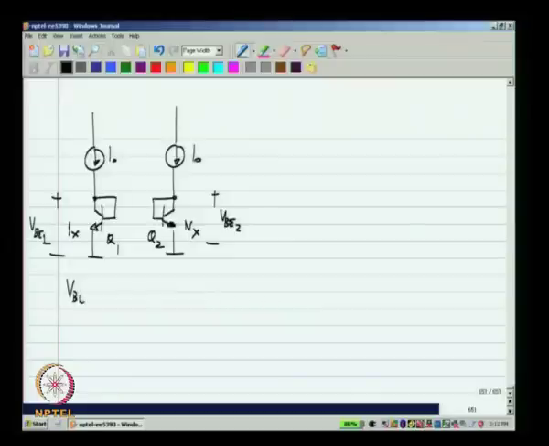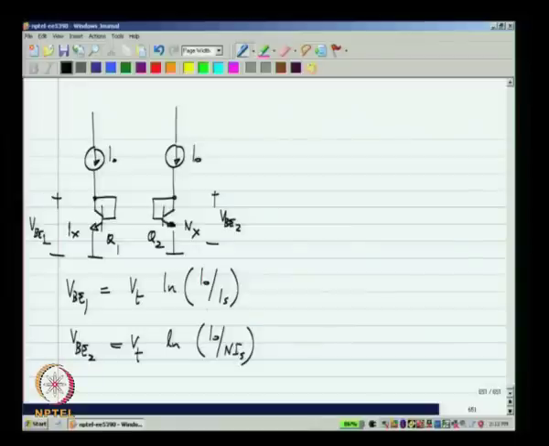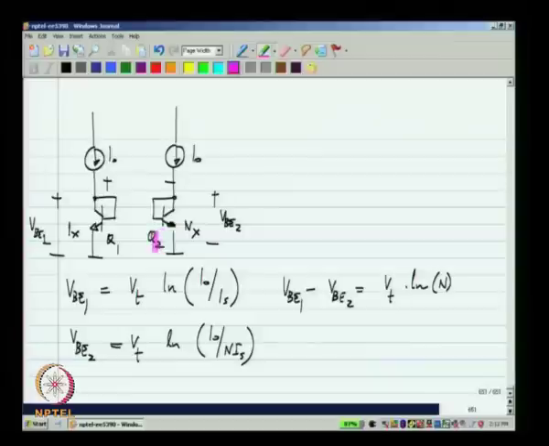So, VB1 is Vt log I naught by Is, VB2 is Vt log I naught by nIs, and the difference VB1 minus VB2 would be Vt natural logarithm of n, which is a constant, that is simply the ratio between Q1 and Q2. As usual, for accurate realization of ratios, we will make Q2 n units of Q1. Okay. So, if you use 1 unit for Q1, maybe we can use 8 units for Q2. So, this n will be 8 and accurately realized.